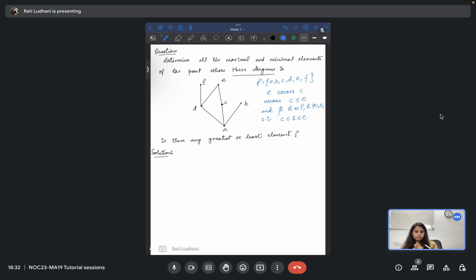Then we will have an edge in your Hesse diagram. Okay, is that clear? I hope.